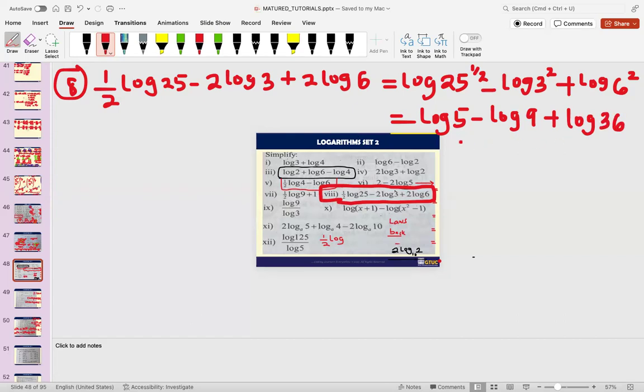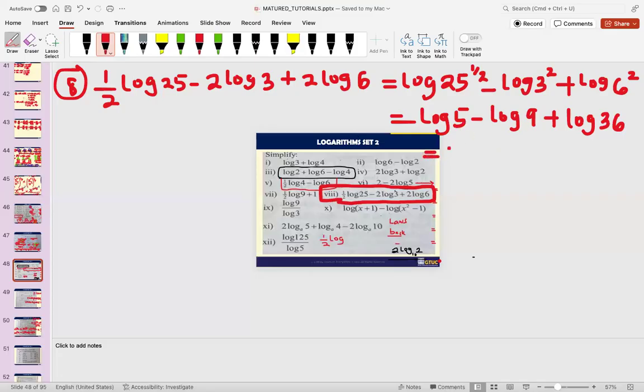So we have logs without numbers at the back, giving us an indication that we can now apply the laws. Now, when it's minus, it means we are applying second law. When it is plus, it means we are applying first law, meaning we are applying both first law and second law here. And let's do so.